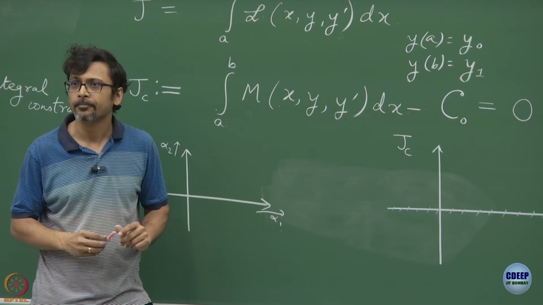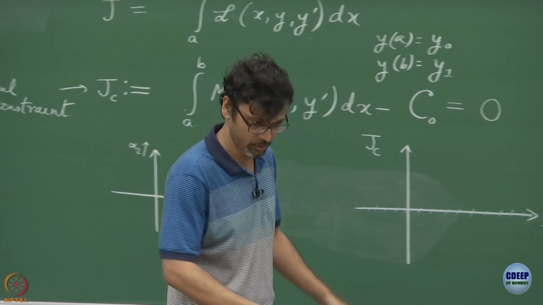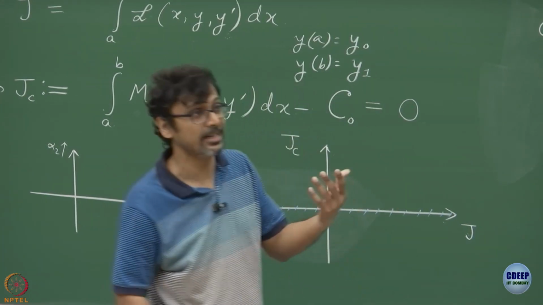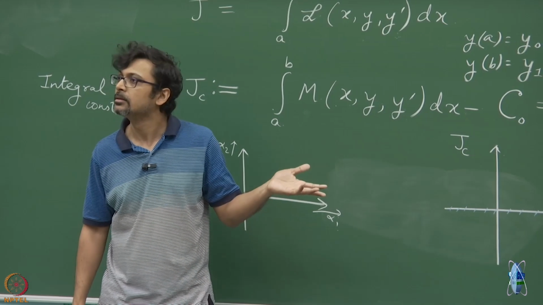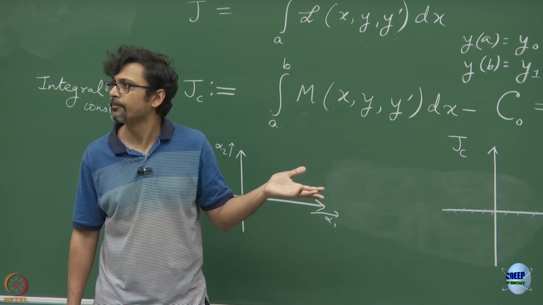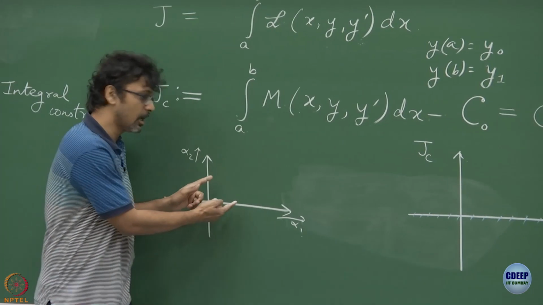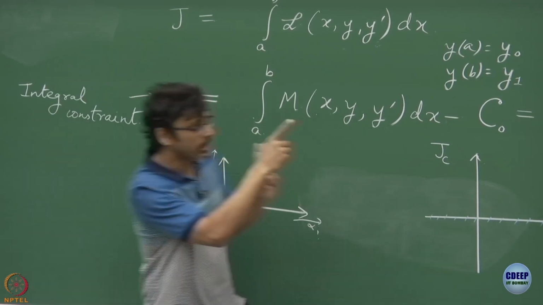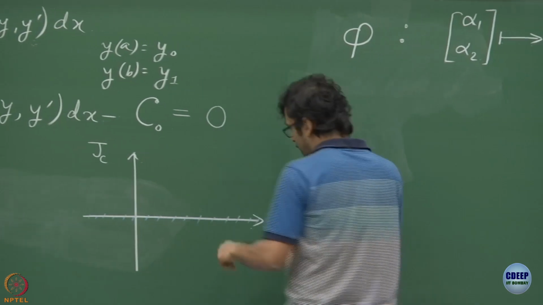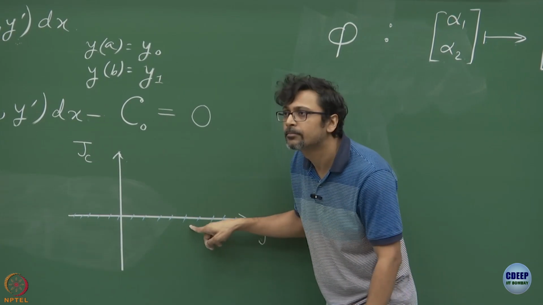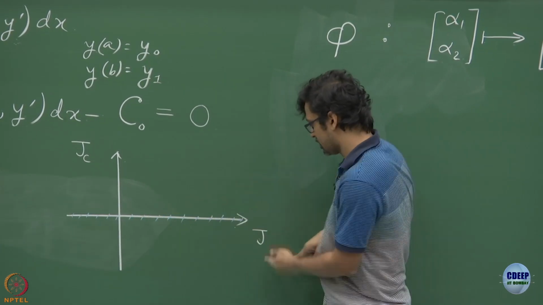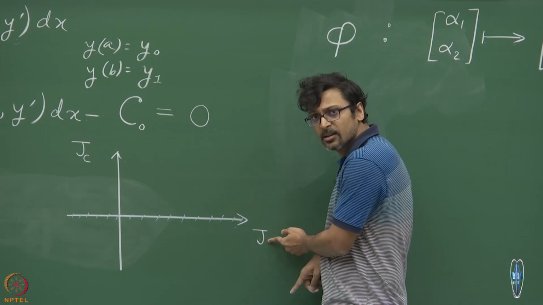And that's something we don't care about, because we need to only search over those candidates where the constraints are satisfied. So this is the domain, this is the codomain. You pick an alpha 1 and alpha 2 subject to some G1 and G2 that have already been picked up, and I am going to find a point here on this x-axis, which is the J axis. Yeah?